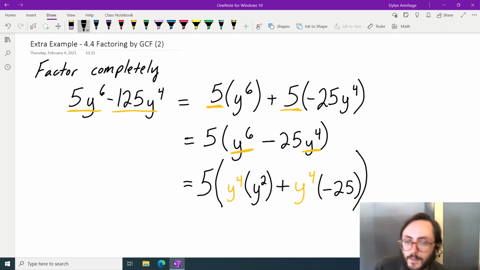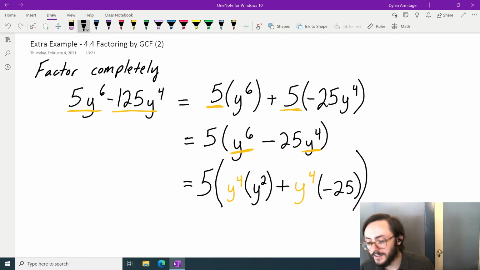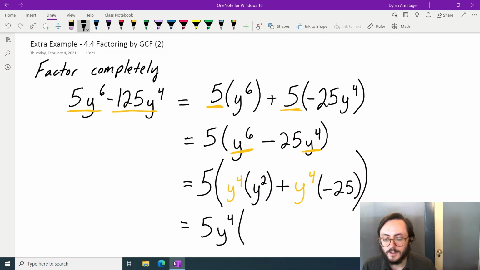Now we can take out that y to the 4th and bring it outside our outermost parentheses, giving us 5y to the 4th times, now what's left over? y squared minus 25.